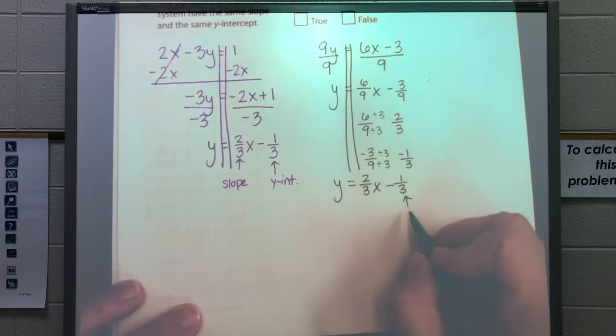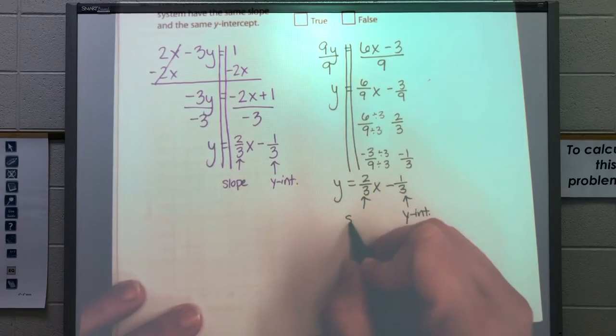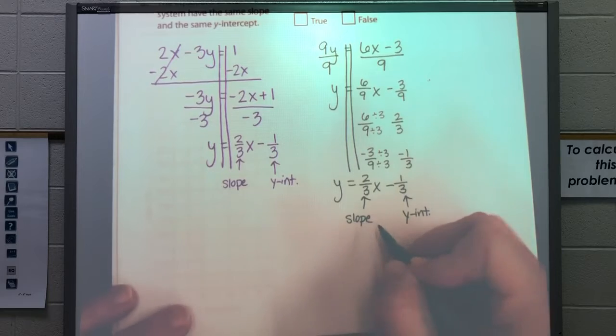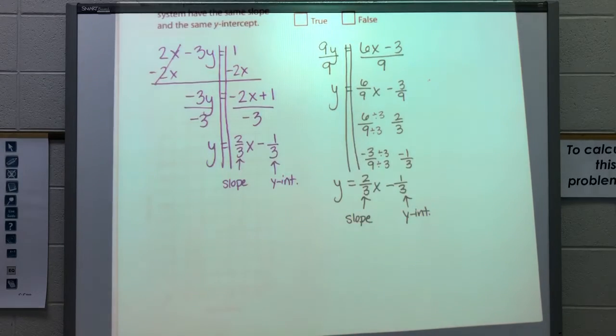So that is my y-intercept. That is my slope. Now, looking at both of those, I can see that they're the same exact thing. They're the same exact equation, and when we have something that is the same exact equation, it's infinite solutions because it's going to intersect everywhere, the same exact line right on top of each other. So let's go back to those choices that we have.